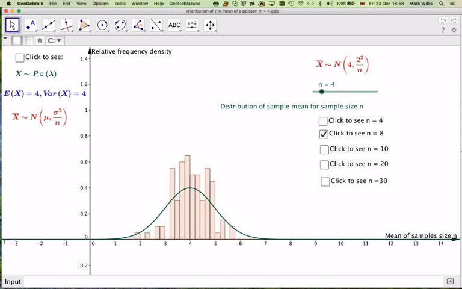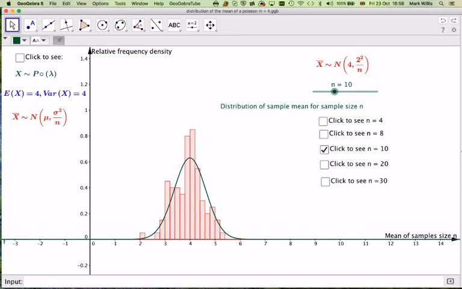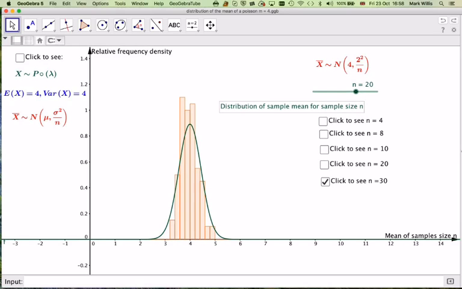So change it to 8, it's getting more like it. Change it to 10, a bit more like it, then 20, and then 30. Looking a bit more like it.